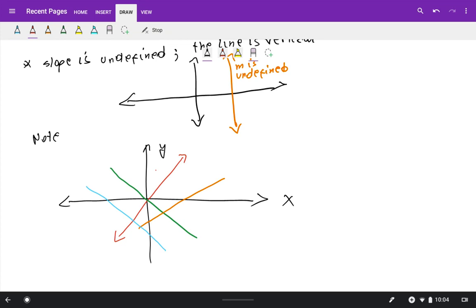So that means the slope can be maybe 5. So we'll have a bigger slope. The orange line right here has definitely a positive slope, but it's not so steep compared to the red line. So here you may have a slope equal to like 1/2, but it's still positive.